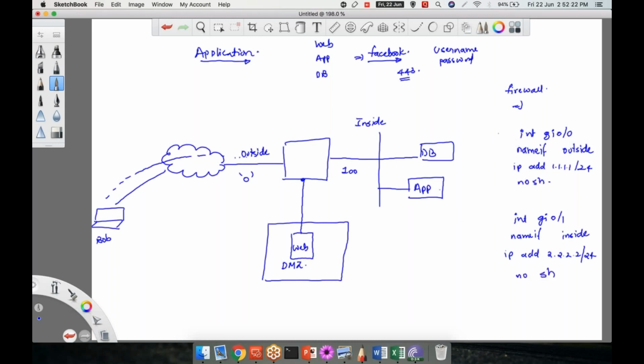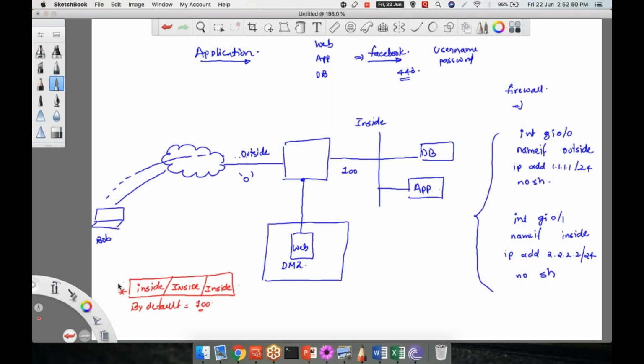Now your question should be, Nitish, where have you defined the security levels? Please make a note of this. Whenever you define the word inside, it can be in small letters, capital letters, or a combination of both. Whenever you have defined this word on the interface, by default the security level automatically becomes 100.